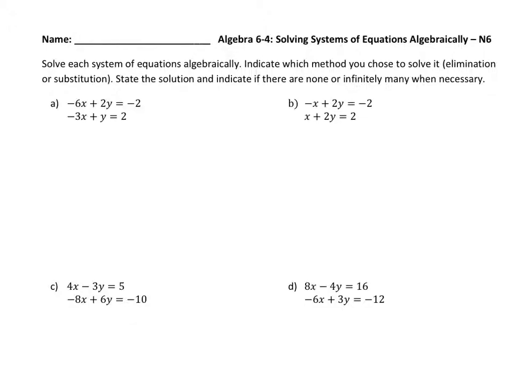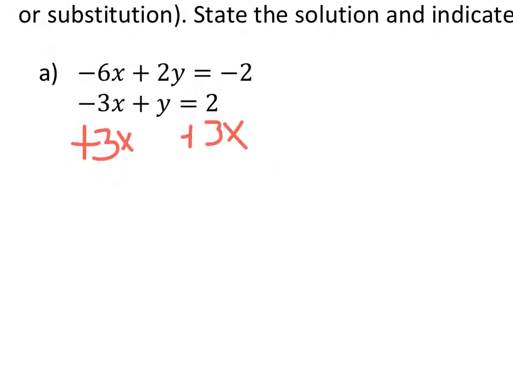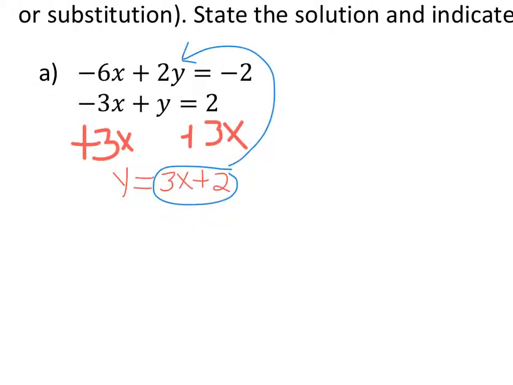In order to do that, I need to get the y by itself. So I'm going to go ahead and add 3x to both sides. And I get y equals 3x plus 2. I'm going to take that and plug it in for y in the first one.